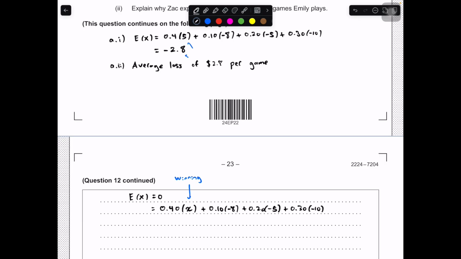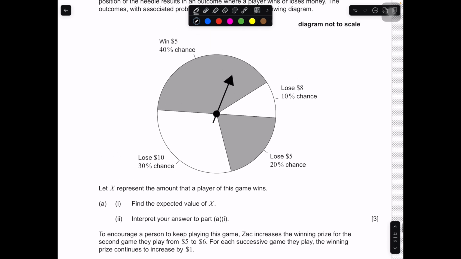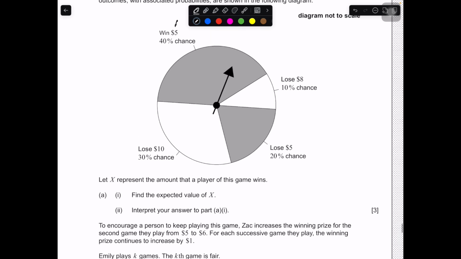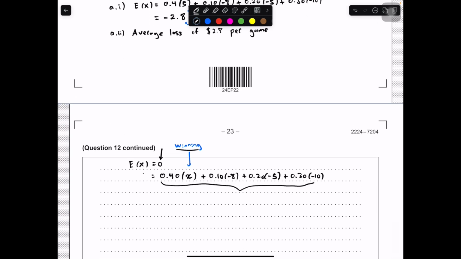And we want the expected value itself to be 0. We want to find how much we need to win for this 40% chance that we have. It's not going to be 5, that's not going to make the game fair. What does that value have to be in order for this to equal 0?